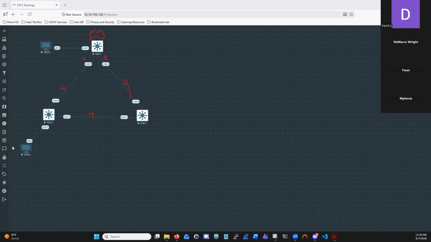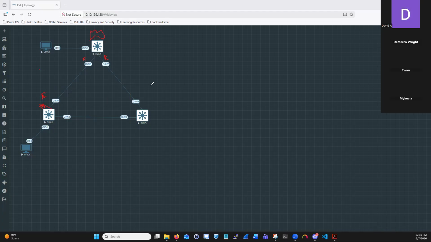With this, it's going to have a special name for the port. It's going to be in a forwarding state, but the name of the port is going to be called a root port.